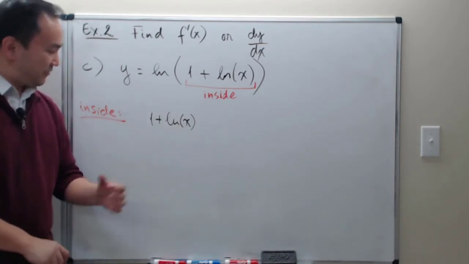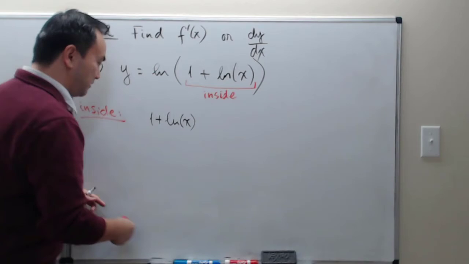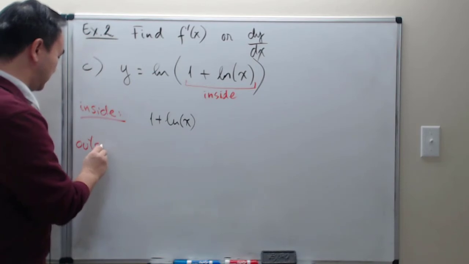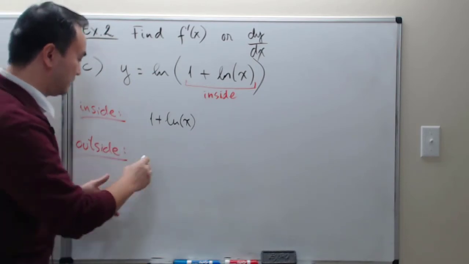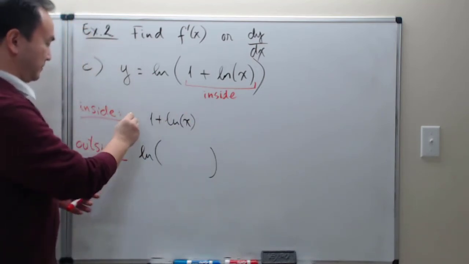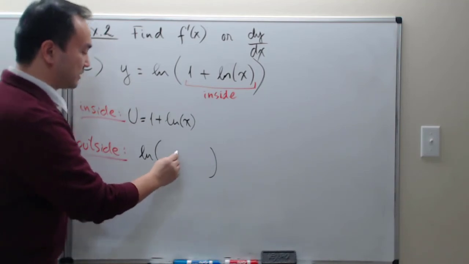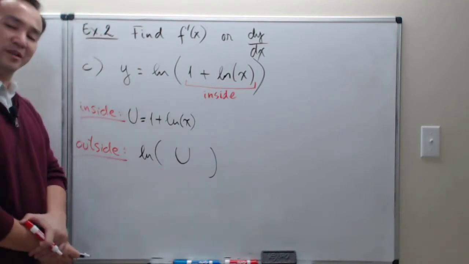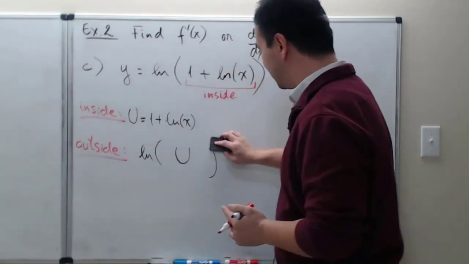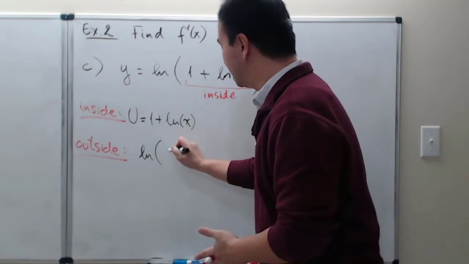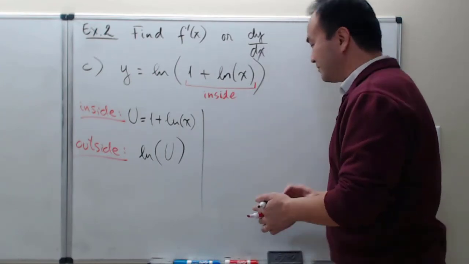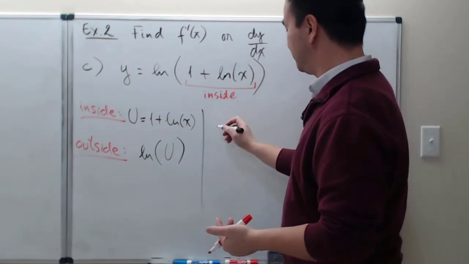Okay, and now if that is the inside, our outside is just that natural log of, and all that goes inside. Well, in the end, it looks like it's always a good idea that we can just use a little substitution there. Okay, so now to get ready for our chain rule, I'm going to once again restate the chain rule a little bit.